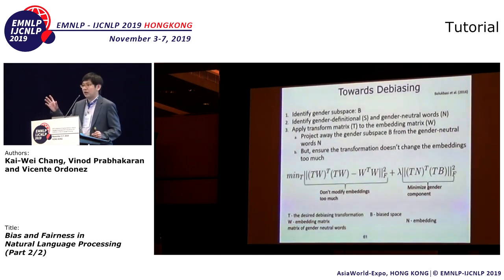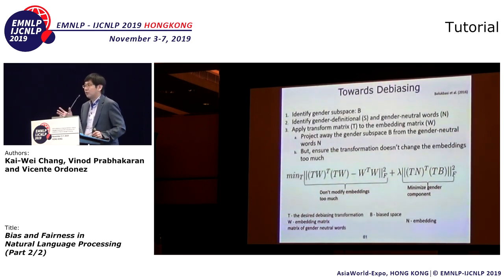So on the right-hand side, I have this term to minimize the distance of those words in this gender direction. You can write an optimization algorithm to optimize this equation and get this transformation, and this is a way to reduce the bias. And by doing this, you can tune a parameter lambda to balance these two things.